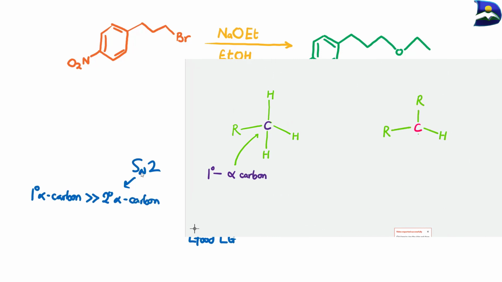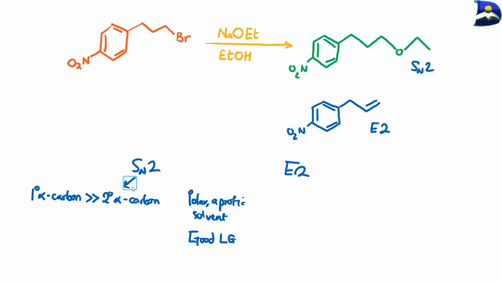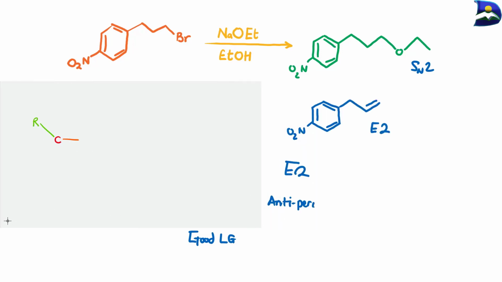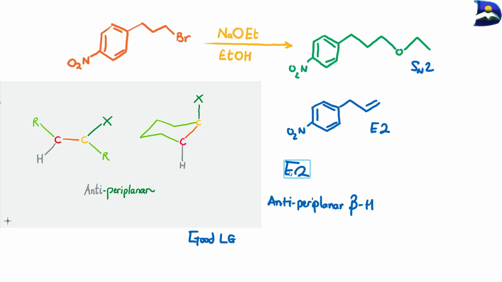This is really important to remember for SN2 reactions. However, E2 reaction is favorable using a particular anti-periplanar beta hydrogen, and that is really a great criterion to remember for favoring E2 reaction.